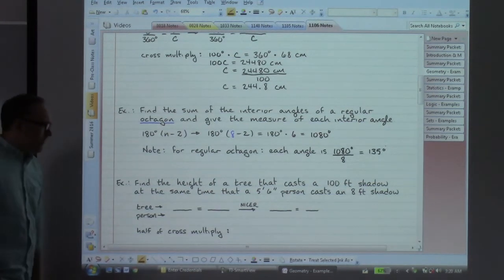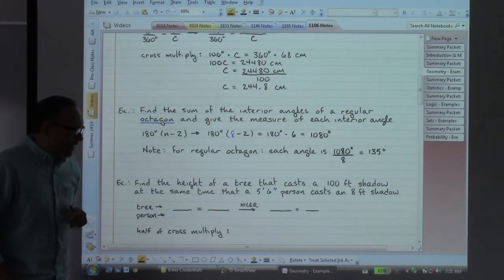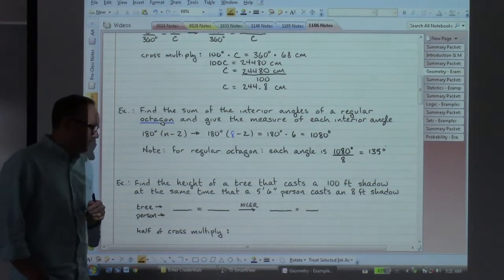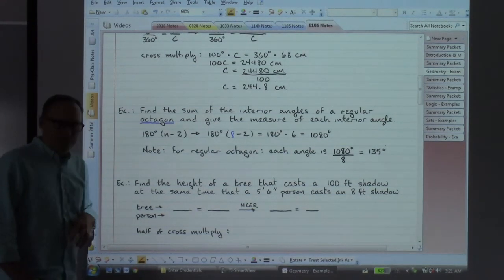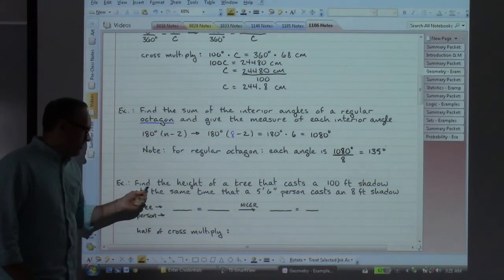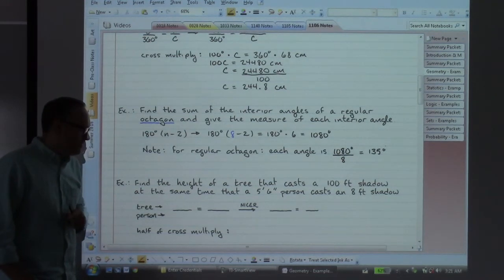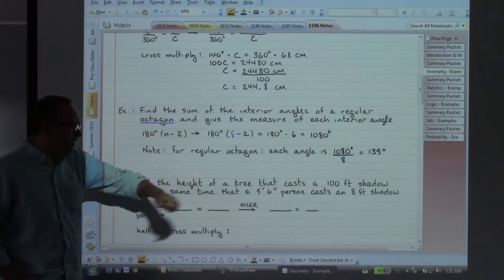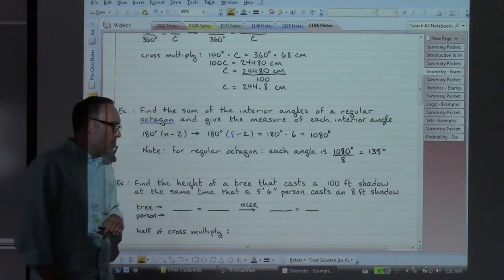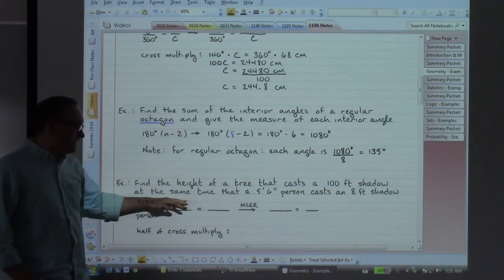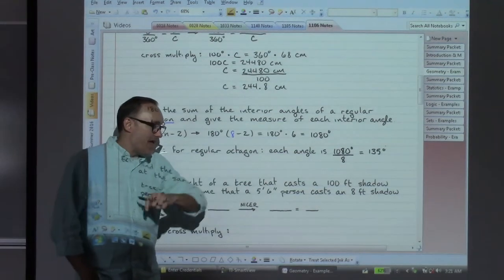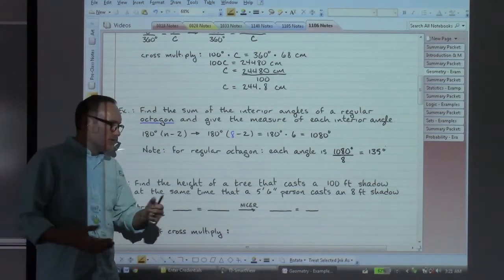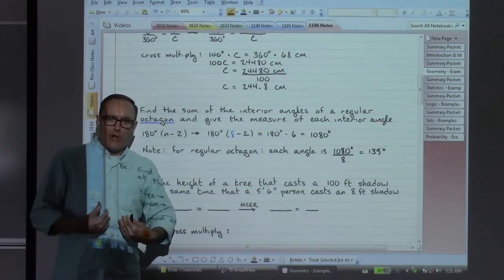Now for a little bit more ratio stuff, like our example that had the arc length and the circumference business, we've got an old school way of being able to measure things based on ratios and similar triangles. If we want to find the height of a tree that casts a 100-foot shadow at the same time of day that a 5'6" person casts an 8-foot shadow, these are things that we can measure. We know how tall we are.